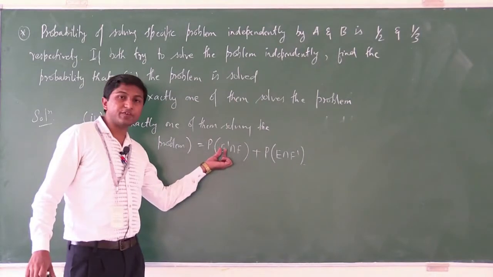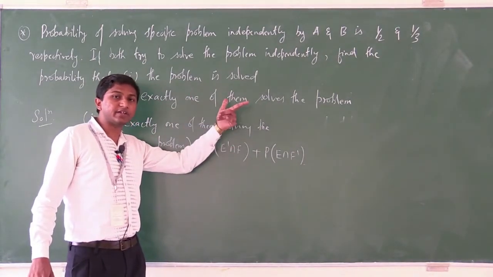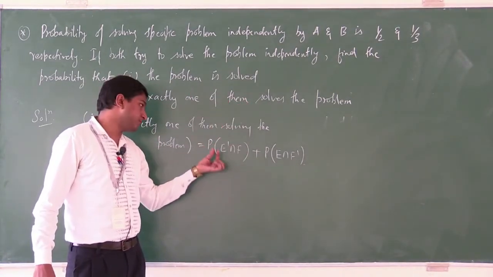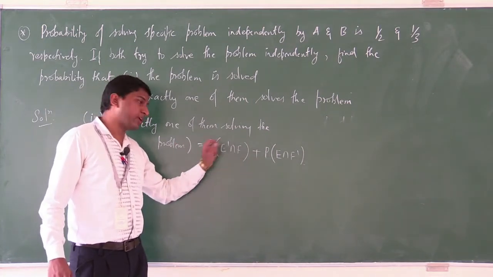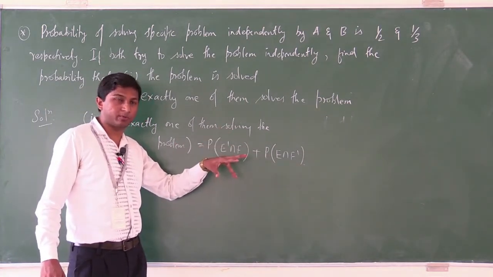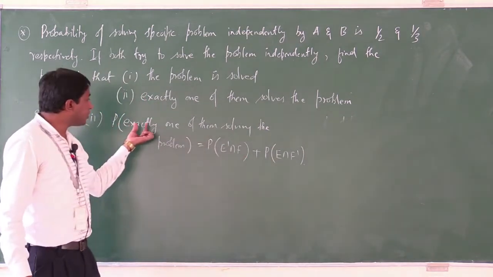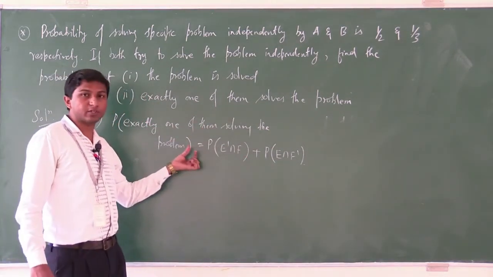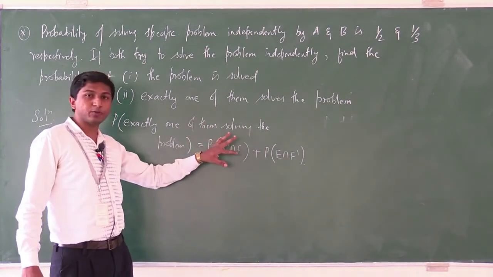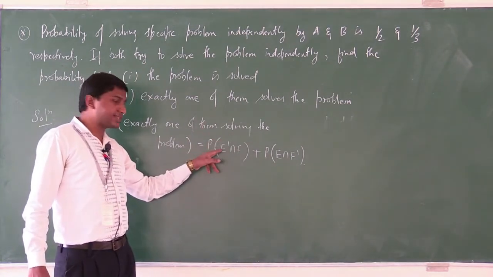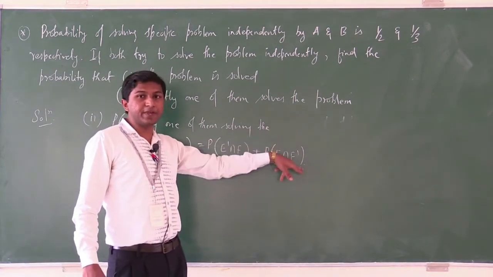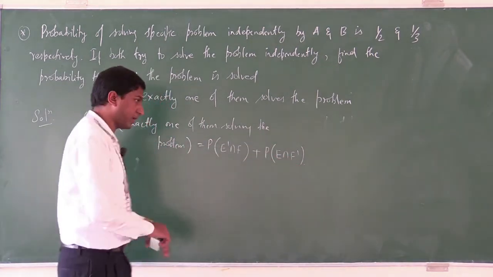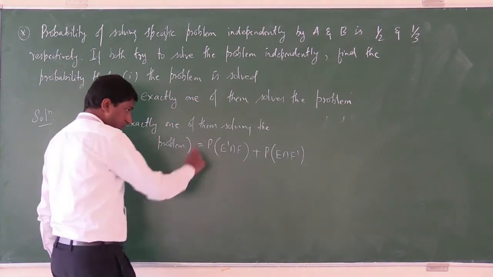So what is event E? Event E, I have taken it as A solves the problem. So E dash means A does not solve the problem. F is B solves the problem. So probability of exactly one of them solving the problem is the sum of the probabilities where A does not solve, B solves, and A solves but B does not solve. Okay, we'll find this out.